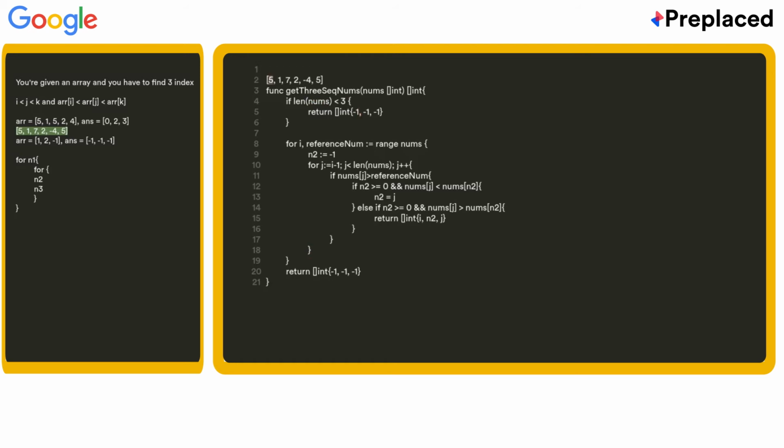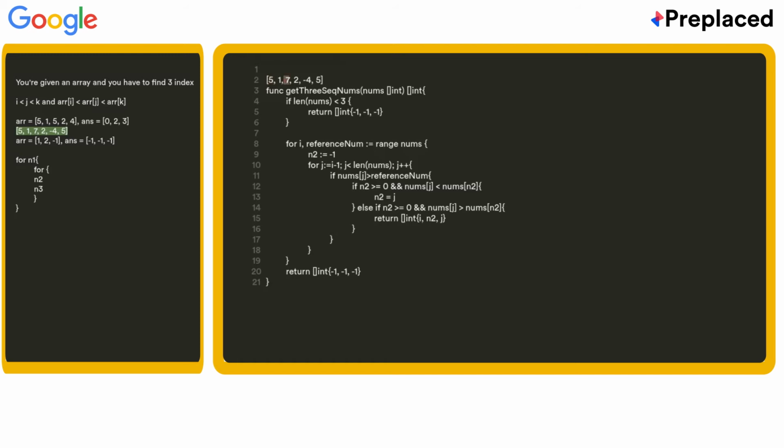First, it will select 5, and the n2, that is the index, will be minus 1, and it will compare it to 1. It is smaller than 5, so it will not go in this if, and again it will continue checking, running this loop to check if any number is greater than 5, and it will receive 7.